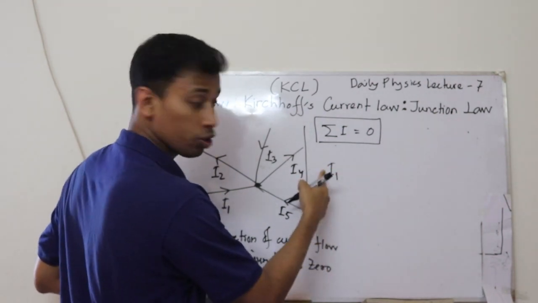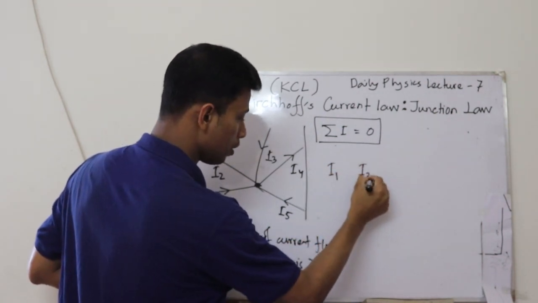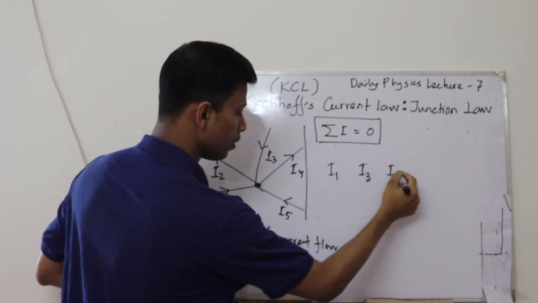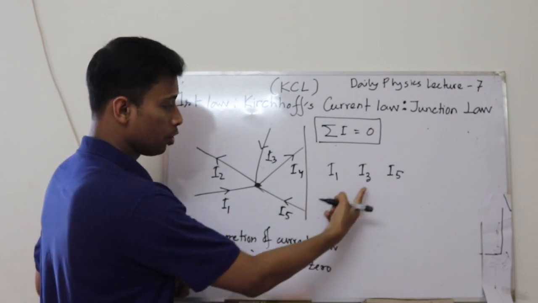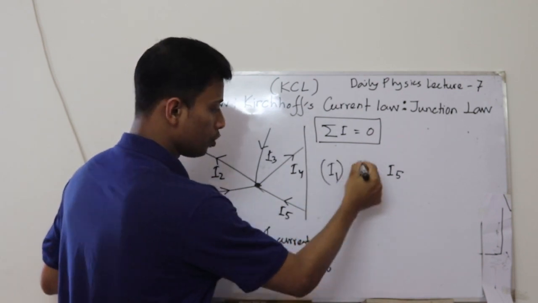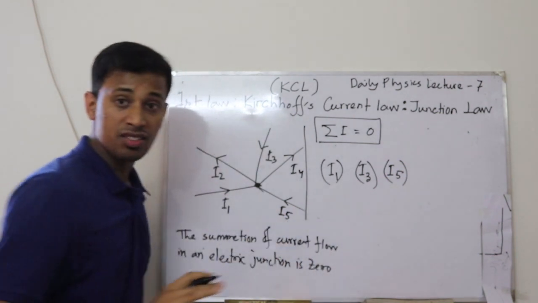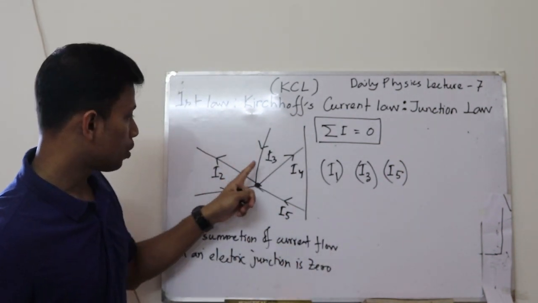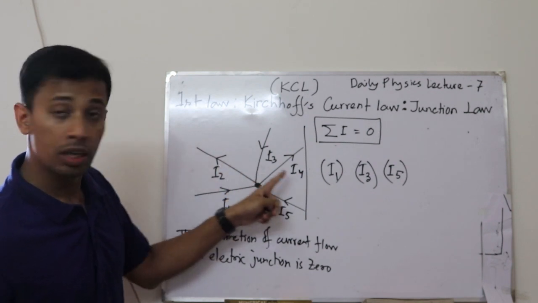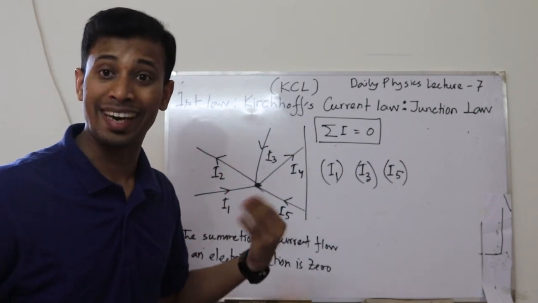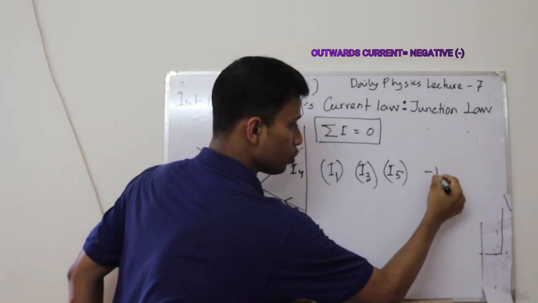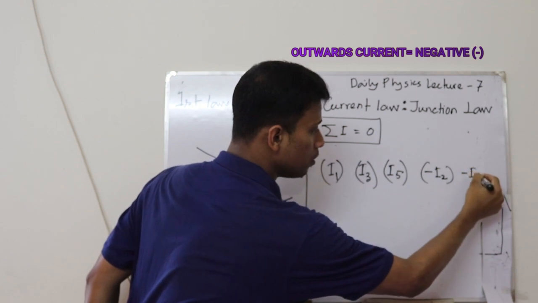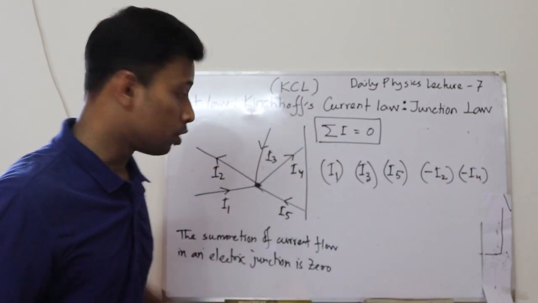I1 inward positive, I3 inward positive, I5 inward positive. These 3 are positive currents, and I2 and I4, look, these 2 are outward, so negative currents. So I'll write minus I2, minus I4.